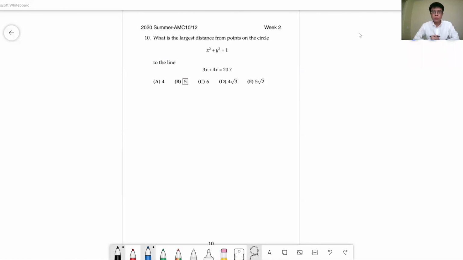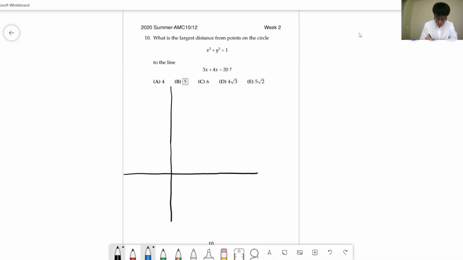Let's move to problem 10. It's a coordinate geometry problem. So let's draw the coordinate system, with X and Y axes, and let me draw this unit circle.